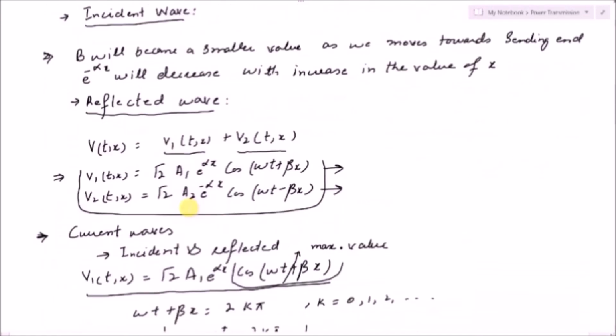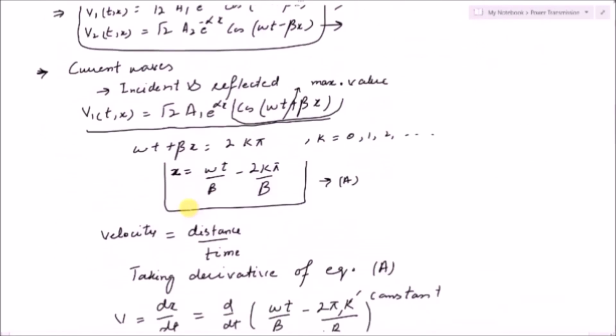And from the equations, we then calculated the velocity of propagation of the waves, starting from the distance value. For the distance, if the voltage value has to be maximized, the cosine part of the voltage function should be at its maximum value.